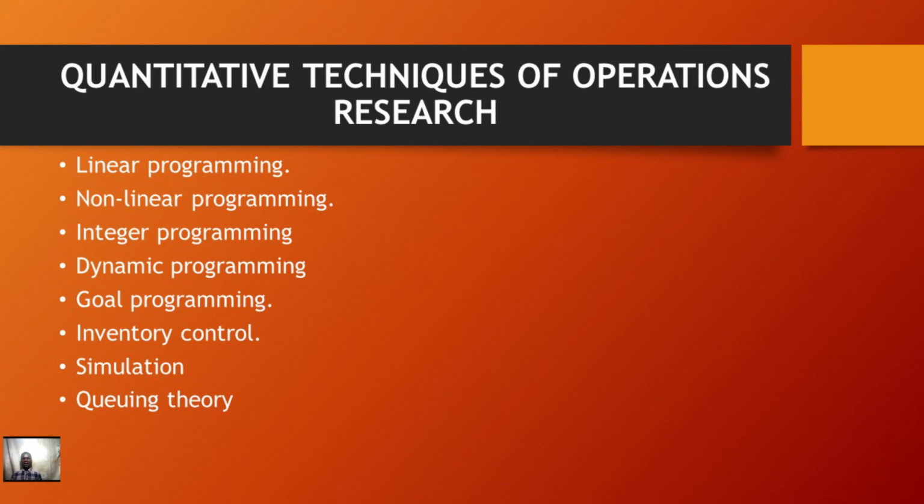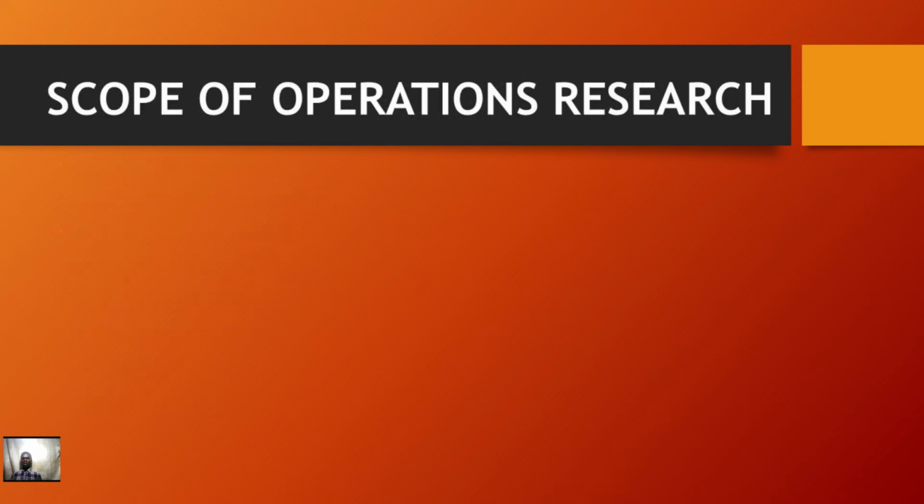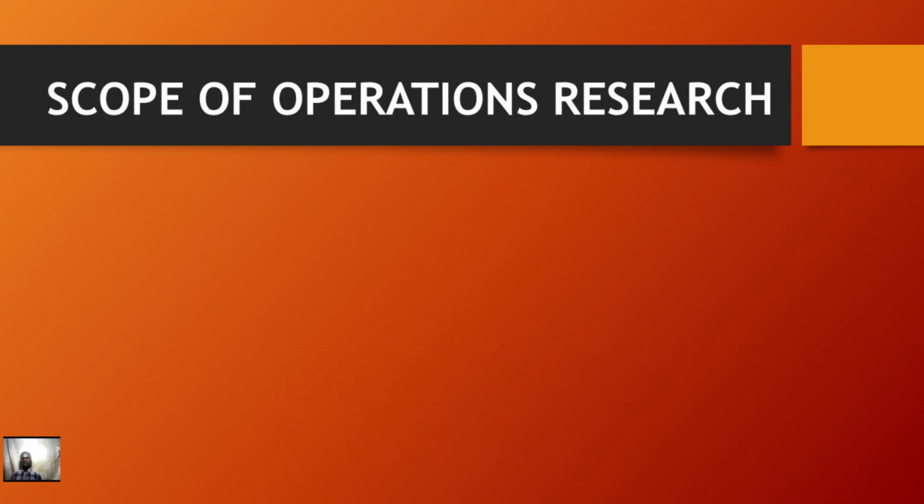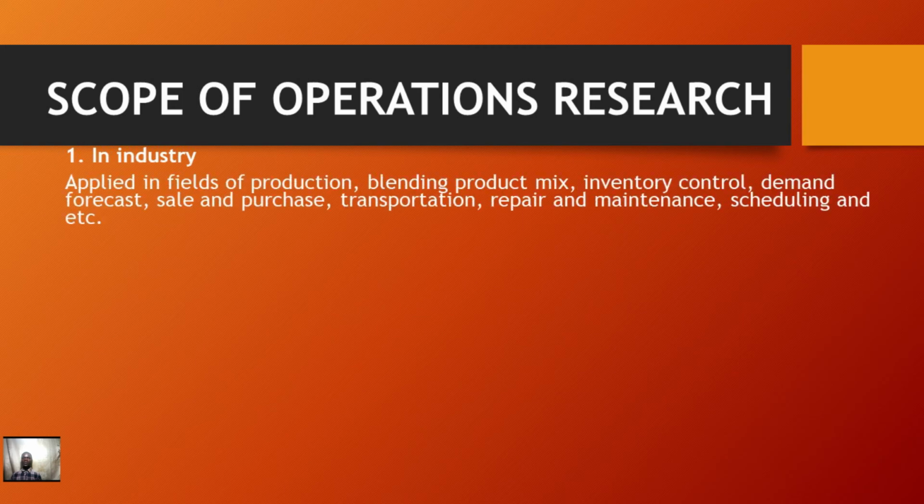But before I go further, there is what we call the scope of operations research. Where is operations research used? It's like the application. Different fields make use of operations research. Here we have what we call industry. When it comes to industry, here we look at the fields of production.